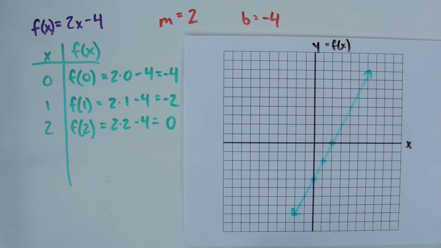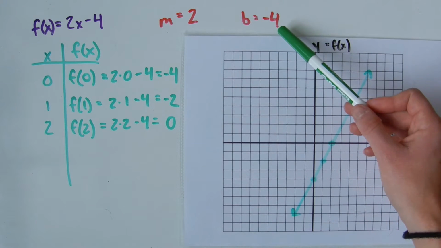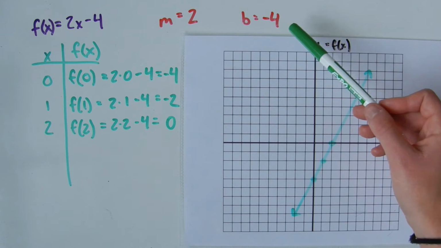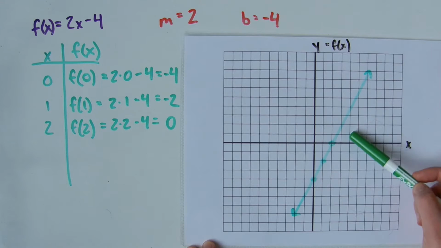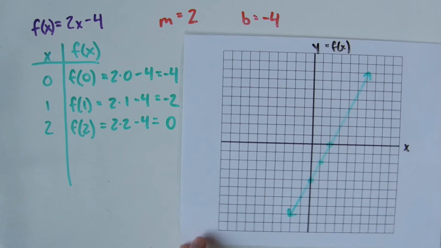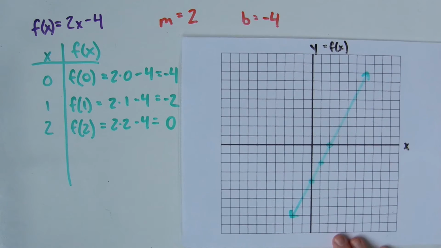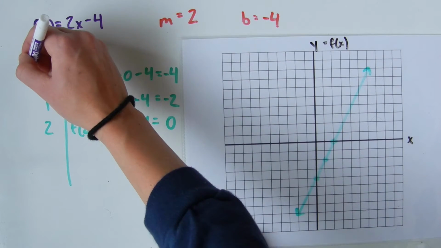So now let's look at the parts of this line. We have our slope, which we can go over in our next video, but let's look at our y-intercept. We said our y-intercept would occur at -4. So when our equation, or our line, intersects the y-axis, that's going to be at the point -4. And you can see that we even have that as our first point.